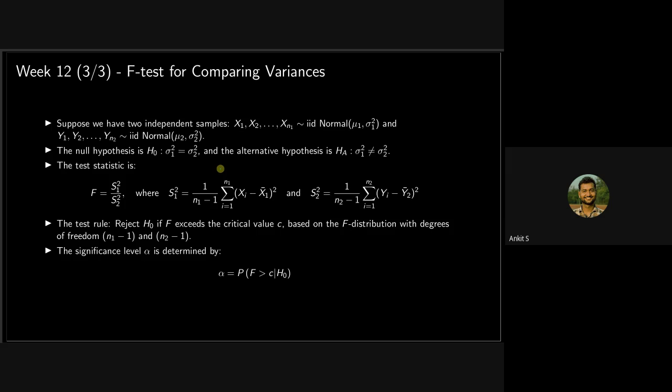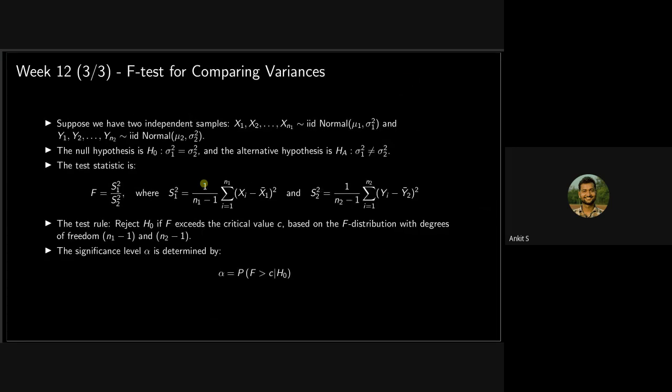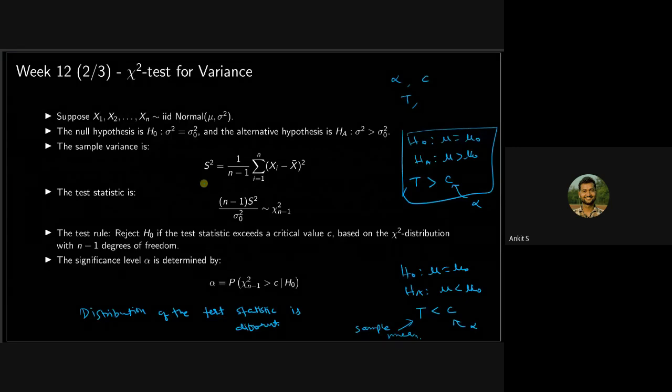So in the F test, we have two random variables. We have two samples, and there is one thing I forgot to mention. There are two kinds of tests in this. The first kind is called a one sample test, where you just consider one sample, and there are two sample tests like chi-squared and F test. So in chi-squared also we are considering two samples.